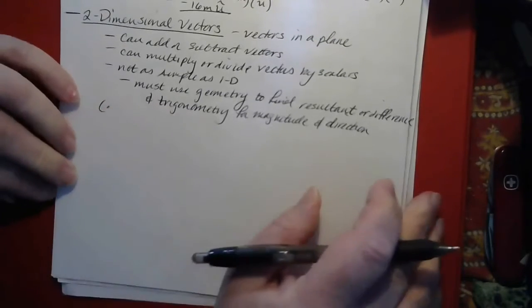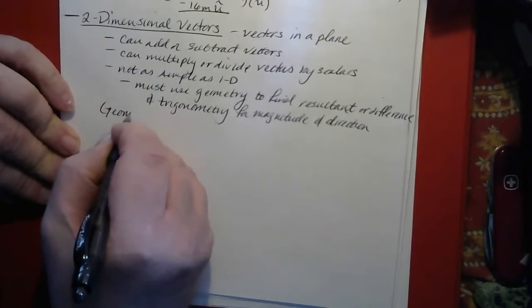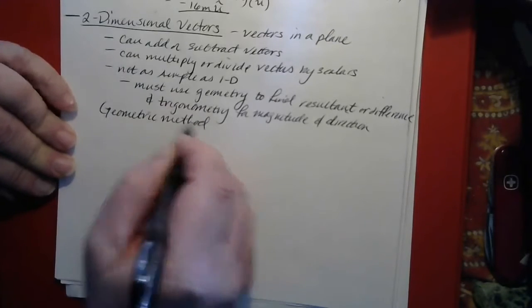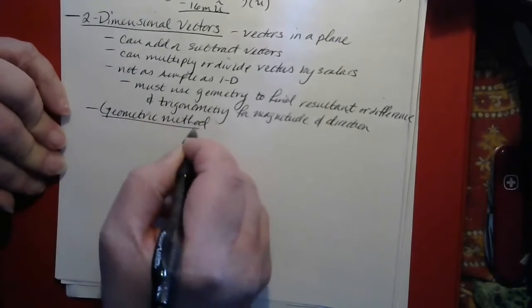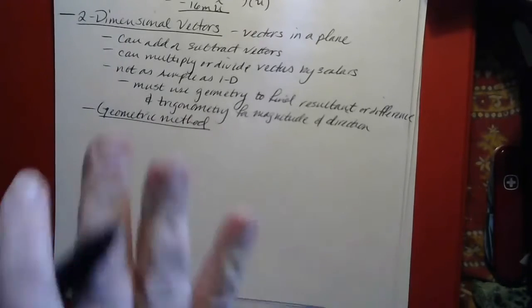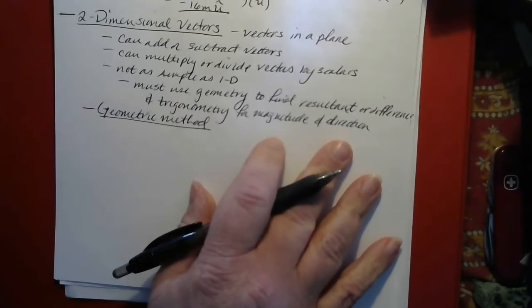For the geometric method, there are other methods which we will actually spend more time on. I'm going to introduce the geometric method and show maybe a couple simple examples.